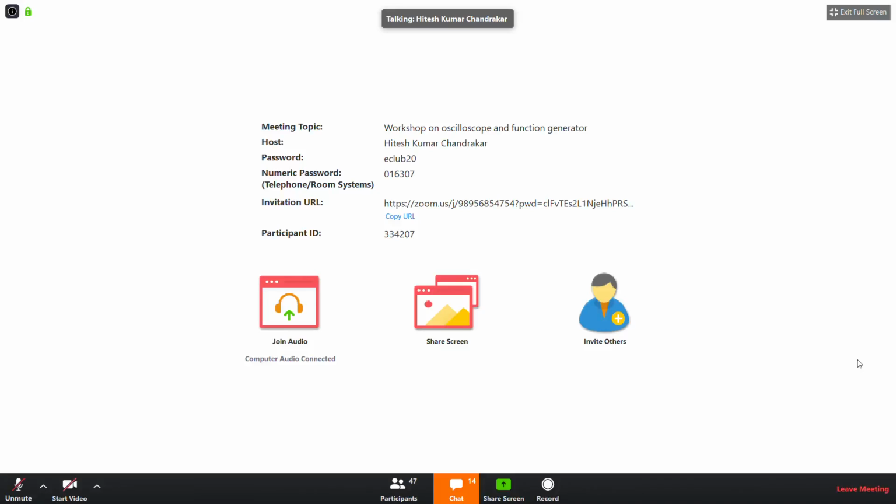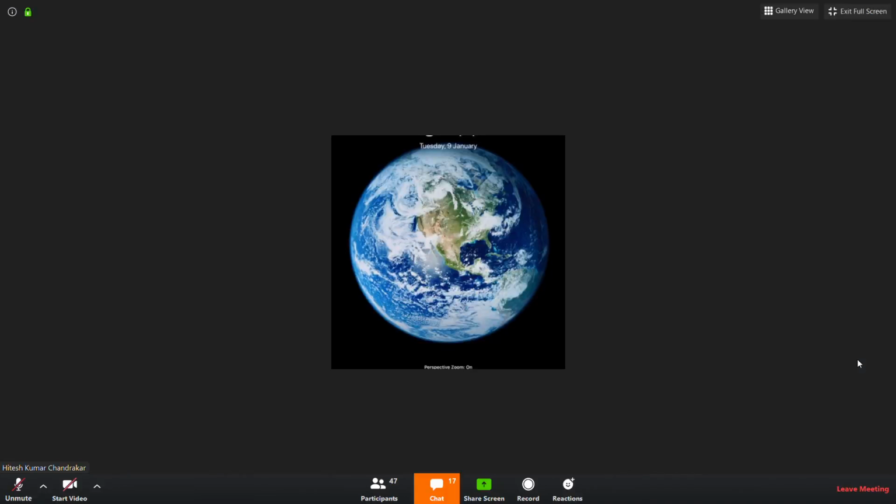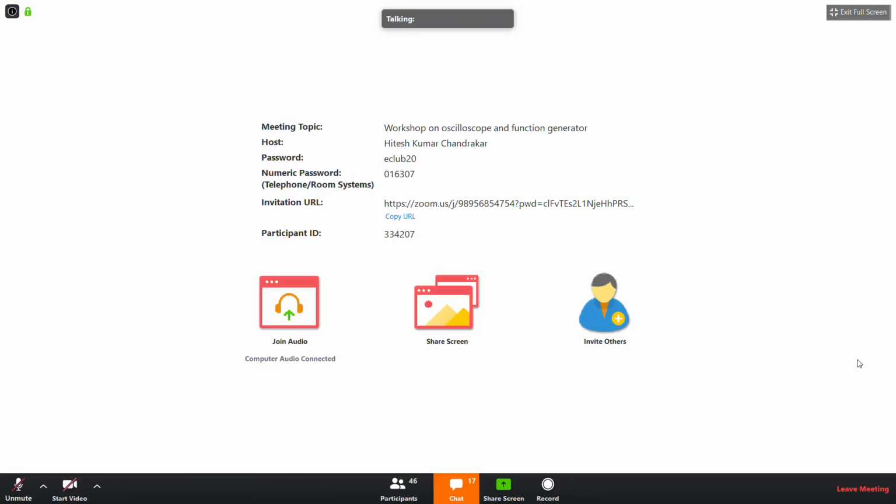Now, what is oscilloscope music? We give different signals on the different channels. We adjust the signals in channel 1 and channel 2 in such a manner that instead of getting this circle, we can get some figure in this window.